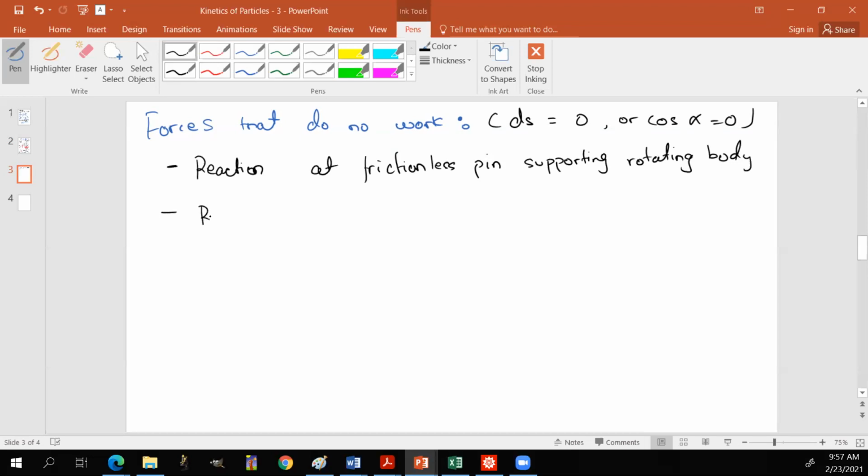Again, if you have the reaction of a frictionless surface, when a body moves along that surface, why? Because the movement is perpendicular to the direction in which your reaction force is going to be, therefore it does no work.